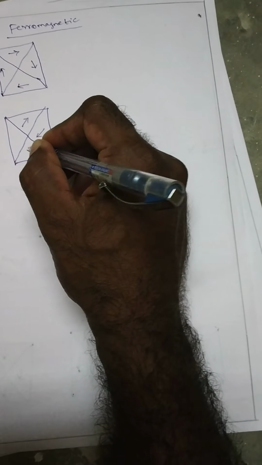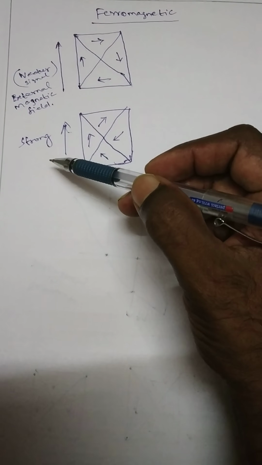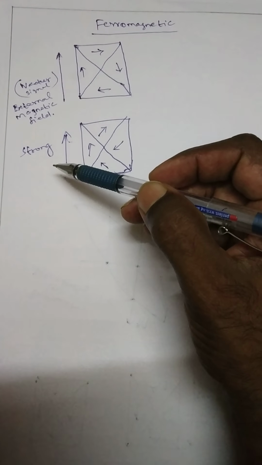That means you see it is rotating, making a slight rotation compared with the first one, because now we are increasing the magnetic field and it becomes a stronger one.